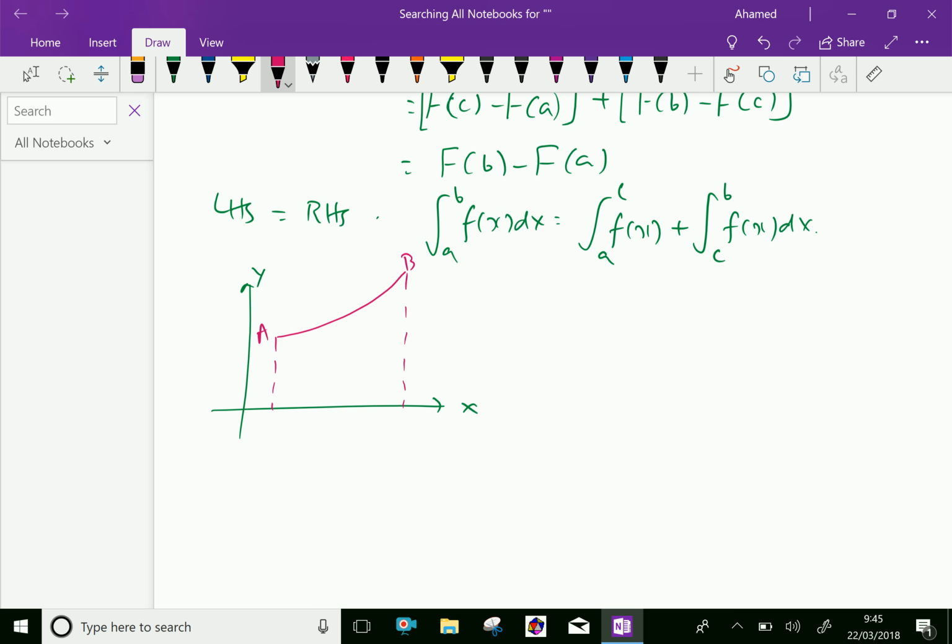This point C, this D. Here take one more point in between A and B on the curve, let it be E, and this one F.